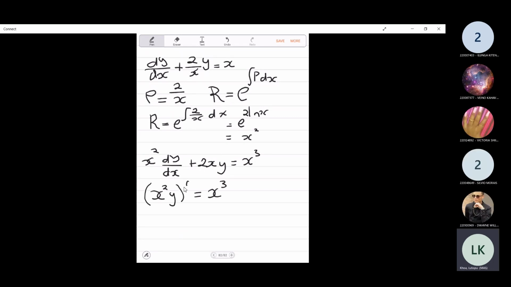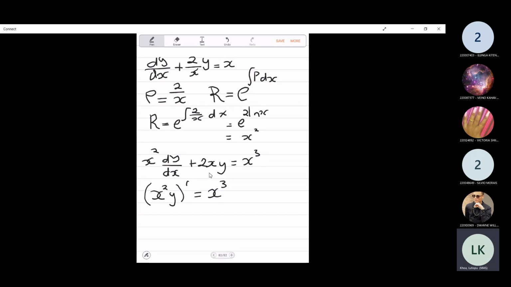Because again, when I differentiate this using the product rule, I would have this one as it is, multiplied by the derivative of y, which is this part here, plus the derivative of x squared multiplied by y as it is, which is that. So when you multiply by your integration factor on the left-hand side, you should be able to condense it as the product rule.